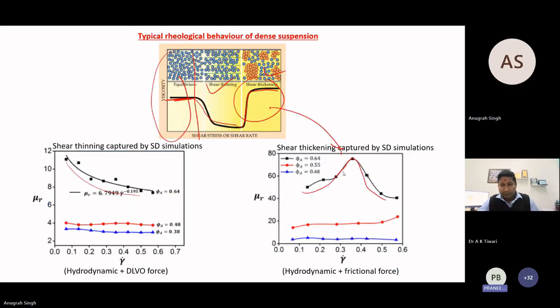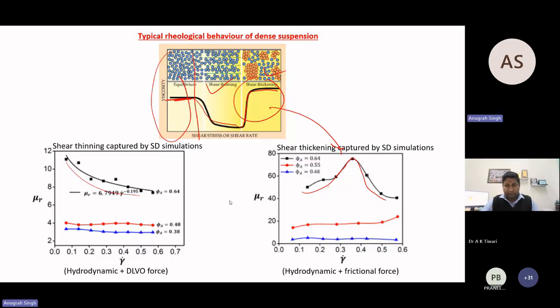I think the particle architecture, or the way these particles arrange themselves in the fluid, for example, for shear thinning we see a layer-like arrangement, and for shear thickening there is a cluster formation, with friction coming into play, which prevents the breakage of clusters. So for these macroscopic particle arrangements, how does Stokesian dynamics capture them?